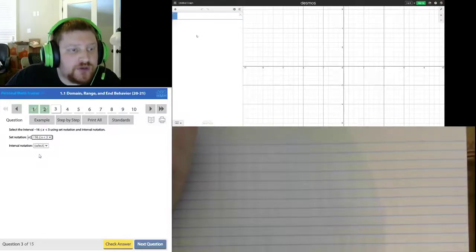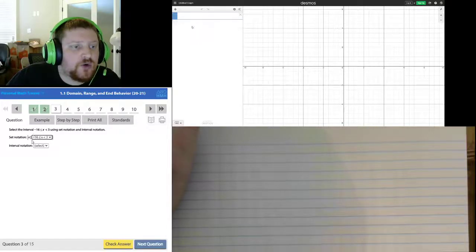And for interval notation, this time they don't have the brackets or parentheses out here. So we're going to be looking for one that has negative 16 on the left and 3 on the right, with a closed bracket on the left and an open parenthesis on the right. So that would be this one right here. This one, the bracket and parenthesis are backwards, and this one has brackets on both sides.